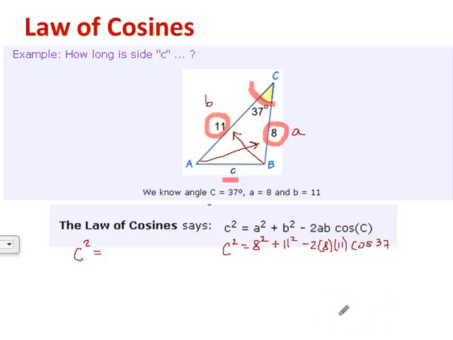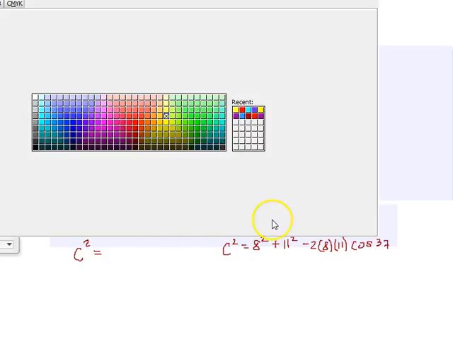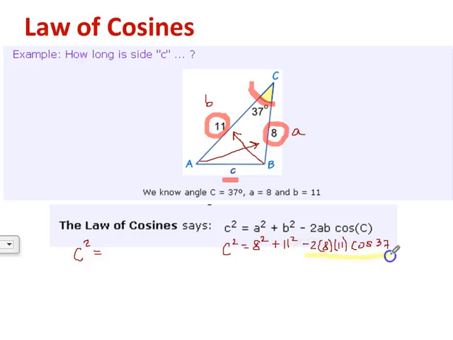Now all I need to do is the math, making sure I'm doing it in the correct order of operations. I'm going to simplify all this stuff right here: 2 times 8 times 11 times the cosine of 37.